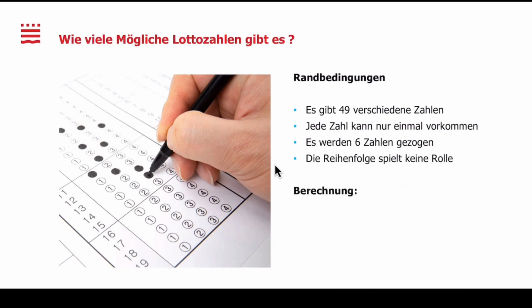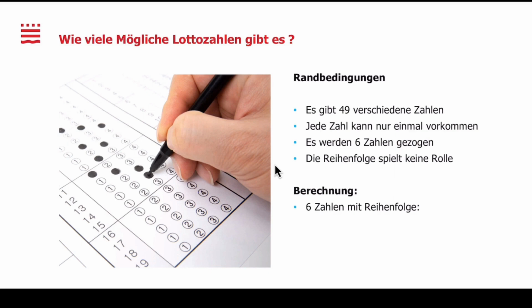So let's first consider what it would be like if the order did matter. How many possibilities would we have if the order did matter? We would have 49 possibilities for the first number, drawing a number from 1 to 49. And then the trick is that we can't pick the same number twice.